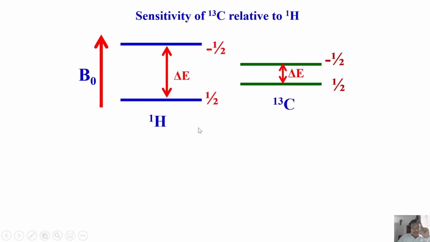Remember, this is also a spin half nucleus. It also has 2 possible orientations, alpha and beta, but it is less sensitive compared to proton because of less gamma, and the energy separation is 4 times smaller. I told you about sensitivity when we discussed. The sensitivity depends upon the magnetic field, which in turn is responsible for this energy separation. As a consequence, carbon 13 is less sensitive compared to proton.